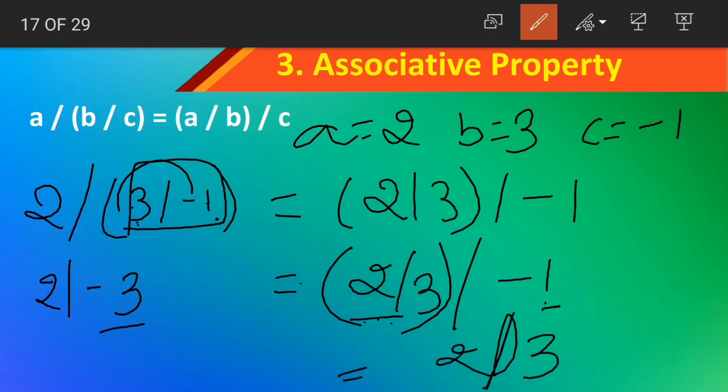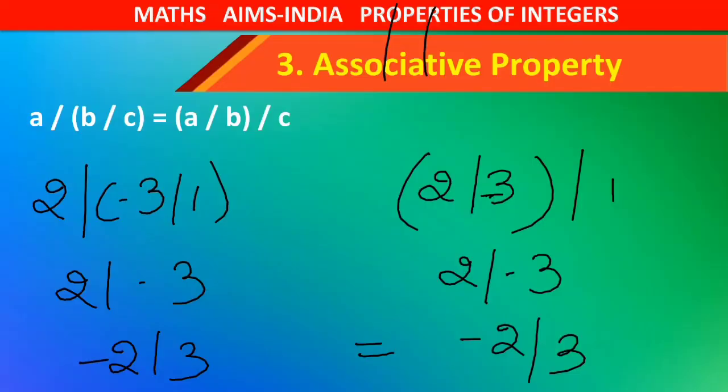And coming to the signs, numerator is positive and denominator is negative. So the final answer will also be negative. The answer on LHS side is minus 2 by 3 and the answer on RHS is also minus 2 by 3. Here LHS is equal to RHS. Got it, LHS is equal to RHS.